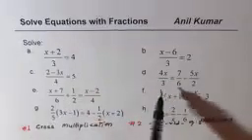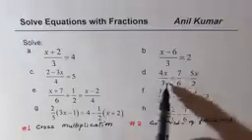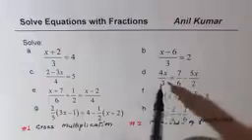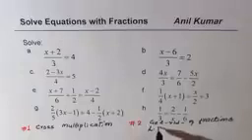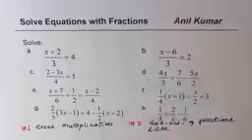Now sometimes what happens is we have different numbers, right? For example, here we have 3 terms. Here, how do we get rid of fractions? So in this case, we'll look for the LCM, the lowest common multiple. We'll multiply both sides by the lowest common multiple.